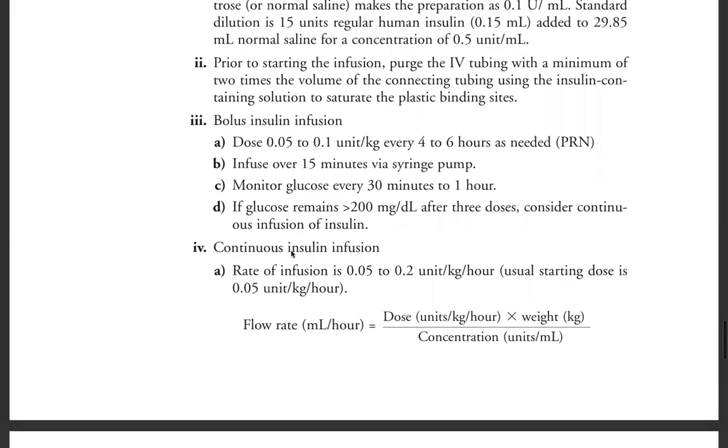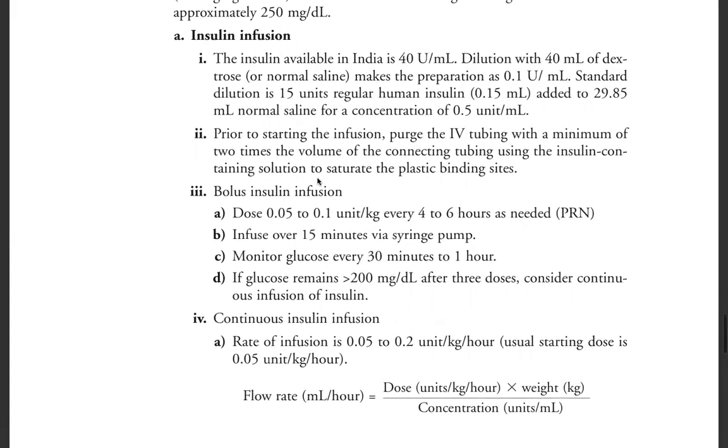The dose is 0.05 to 0.2 units per kg per hour. Initially you give intermittent bolus, 0.05 to 0.1 every 4 to 6 hourly. That bolus is also not given suddenly in neonates, just like in adults subcutaneously. I have seen some people giving subcutaneous insulin.